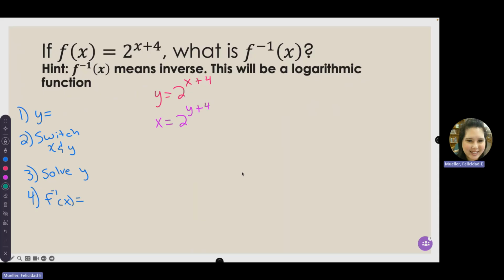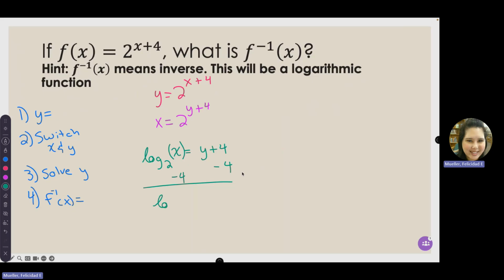And step 3, as always, is where all your real math happens. We're going to start solving for y. So we're going to switch this to log form. Log base 2 of x equals y plus 4. And my goal is to get y by itself. So I'm going to subtract 4 from both sides.